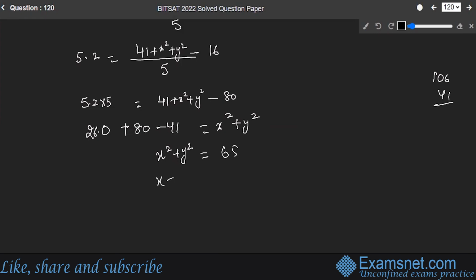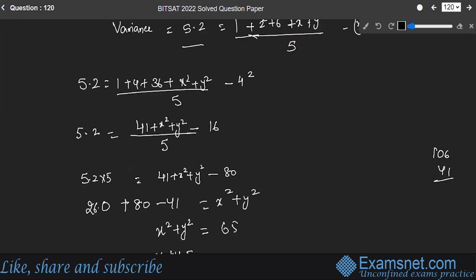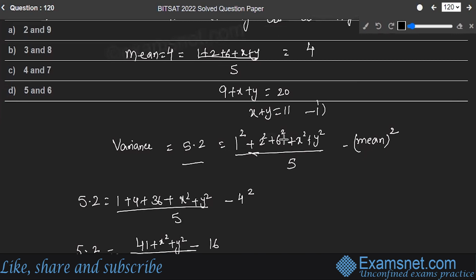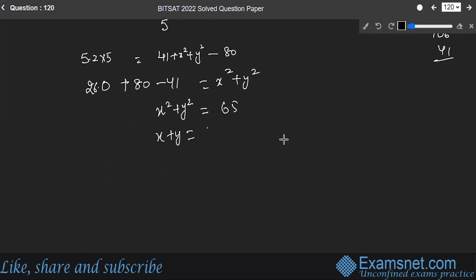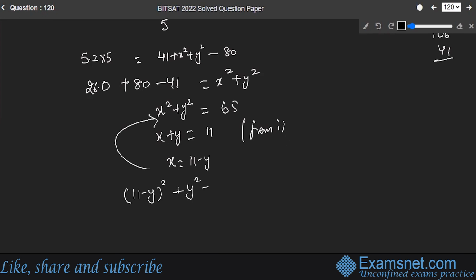And already we got here, let's say this is equation 1. So from equation 1, you have x plus y is equal to 11. So let's solve. You have x is equal to 11 minus y, and going to fill in this. So you have (11 minus y) whole square plus y square is equal to 65, or 121 plus y square minus 22y plus y square is equal to 65.